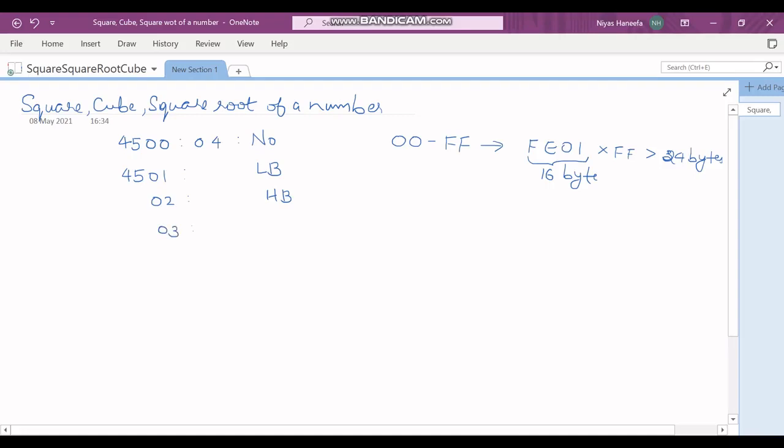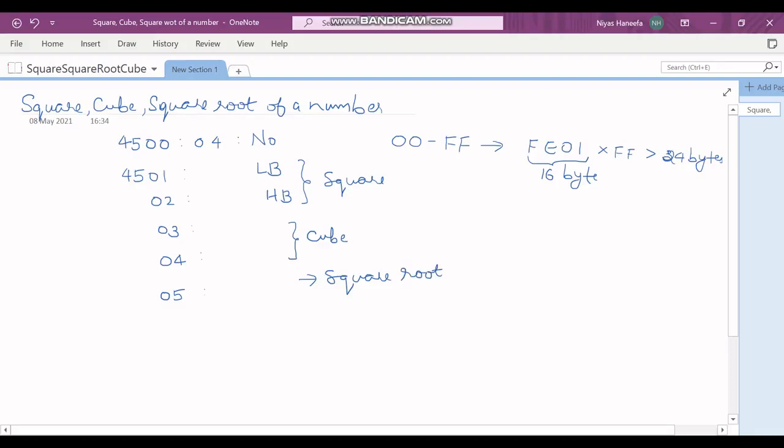So this is the location for the square, and this is the location for the cube. Now for the square root, you need only one location, because the square root of any 8-bit number is going to be within 8 bits. So this is the location for the square root.